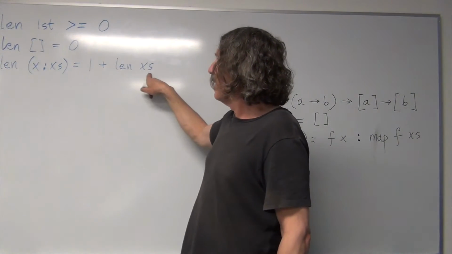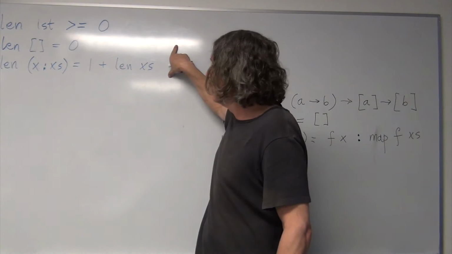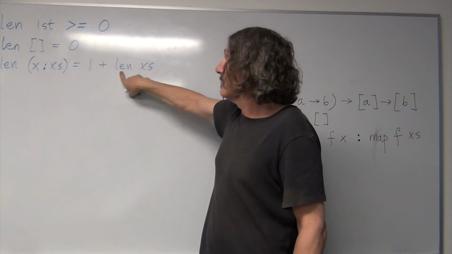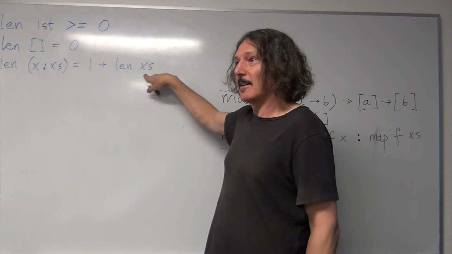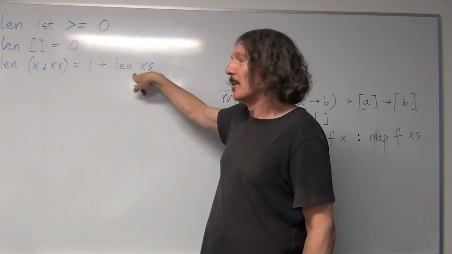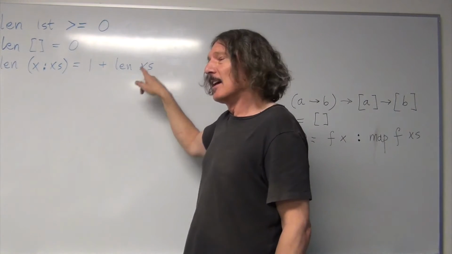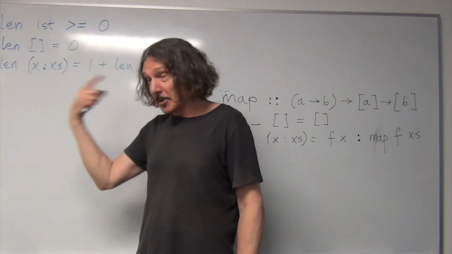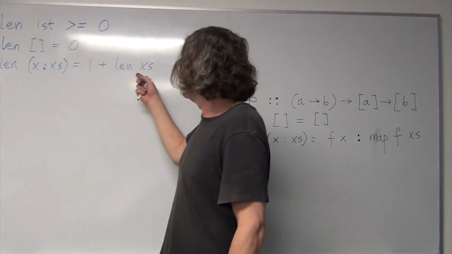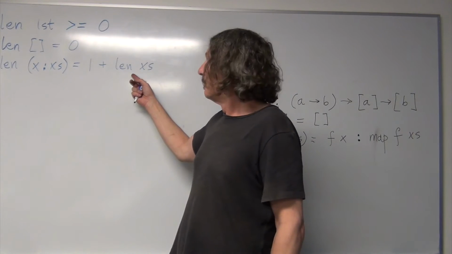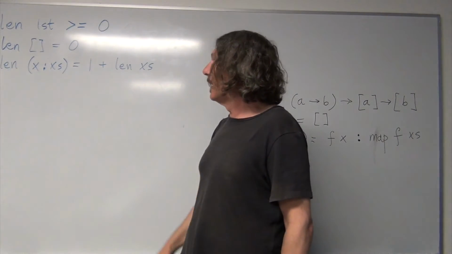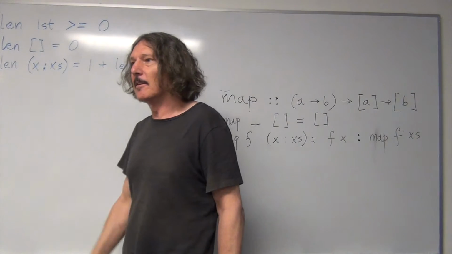1 plus something. Well, as long as this something is greater or equal than 0, then this is definitely greater or equal than 0. But this actually is what we are trying to prove, right? What if this is minus 2? Well, the length of this list would be 1 minus 2, which would be negative.